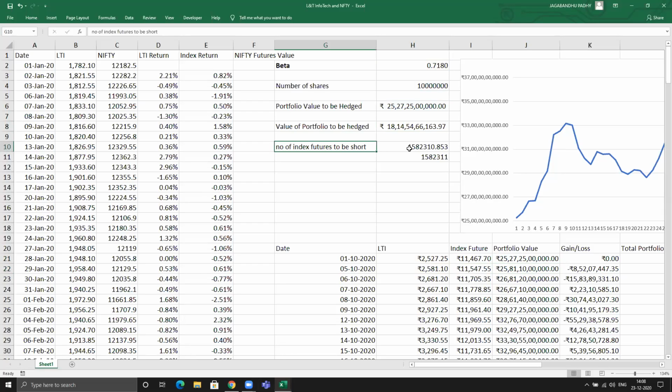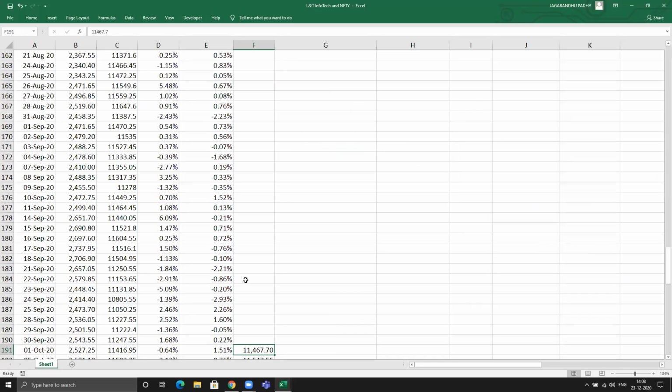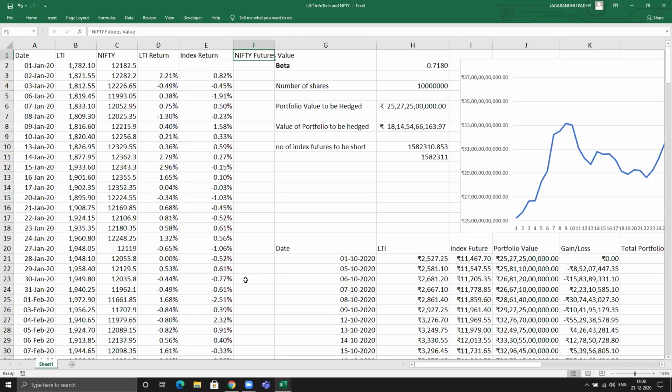Then number of index futures के लिए this divided by F191. F191 मतलब ये वाला 11,467. So we said this many futures are to be short.